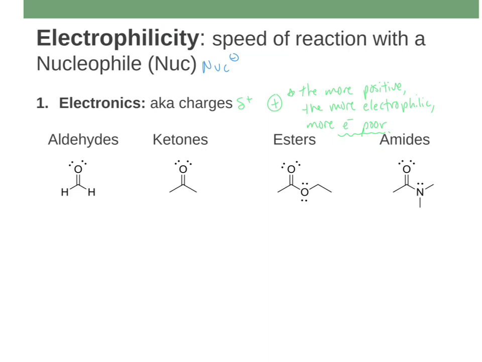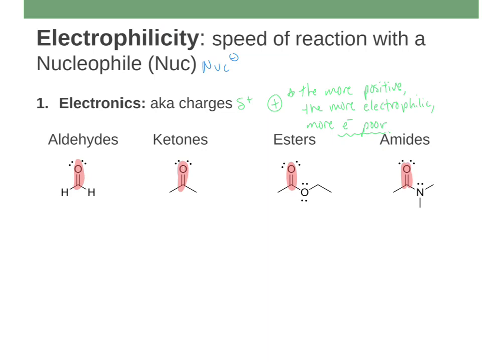So let's take a look at these. I have an aldehyde, ketone, ester, and an amide here. Let's just compare the aldehydes versus ketones, right? I just want to look at which of these carbonyls is the most electron rich or poor, because I've got that carbonyl, this carbonyl, this carbonyl, and this carbonyl.